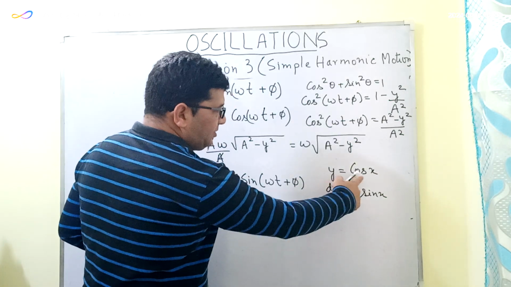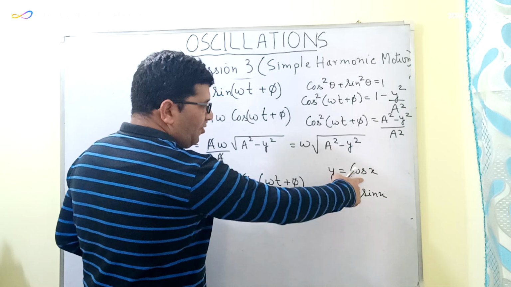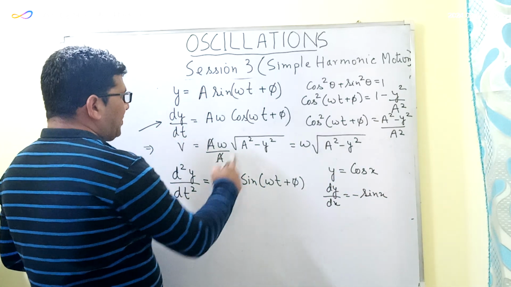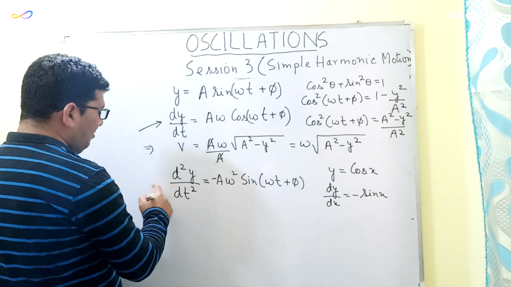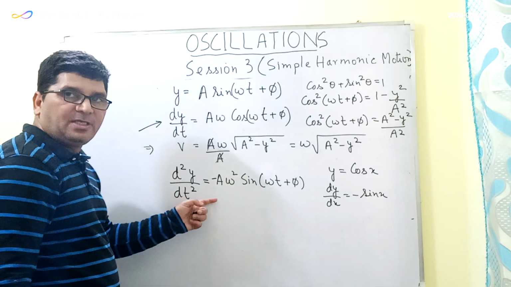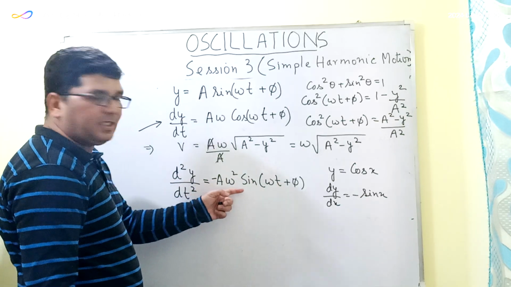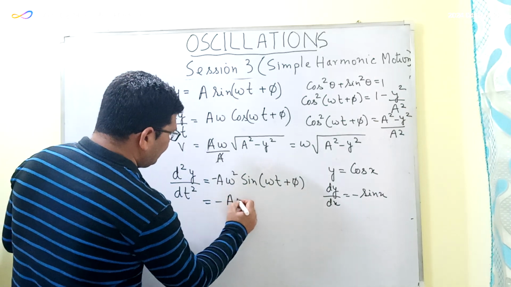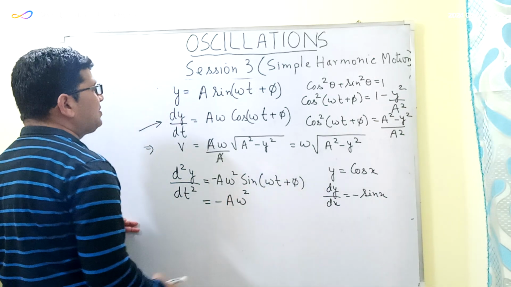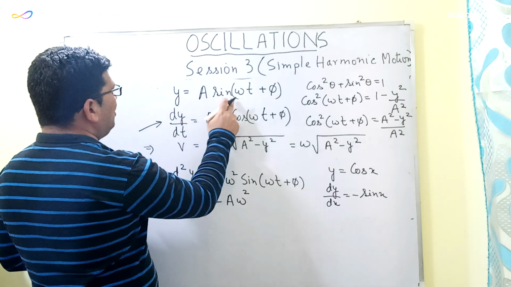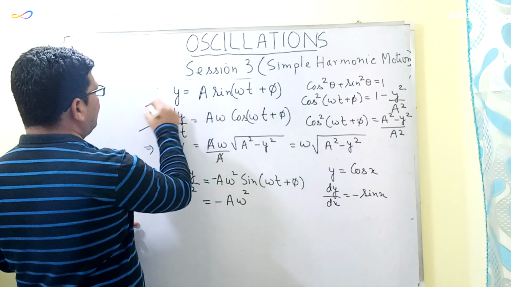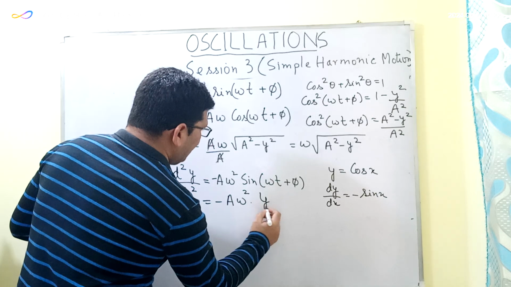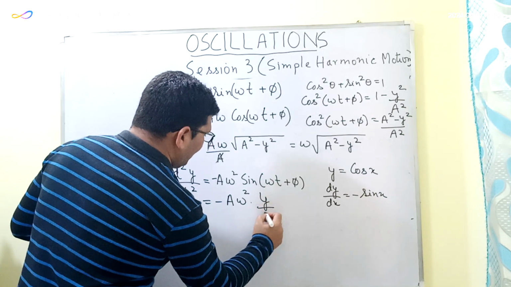Because if y is equal to cos x, then dy by dx of cos x will be equal to minus sin x. So here we will be getting the minus sign, and finally we will get d square y upon dt square is equal to minus a omega square sine(omega t plus phi). And now sine(omega t plus phi) is equal to y upon a from this equation. So I will be substituting the value of sine(omega t plus phi) as y upon a.